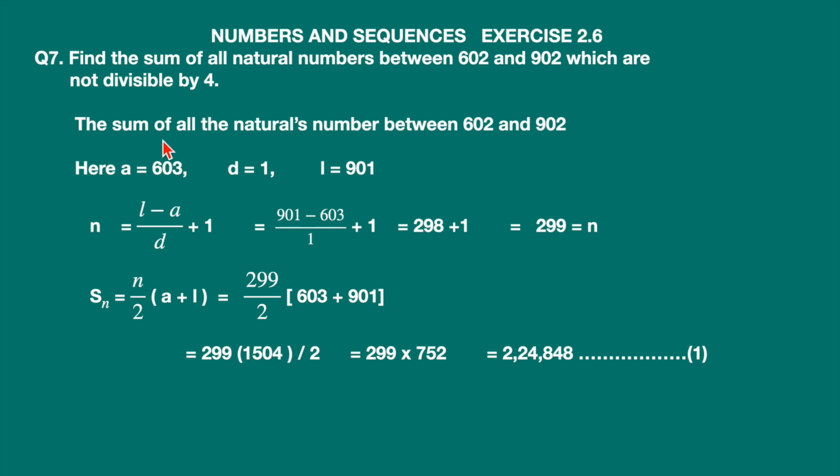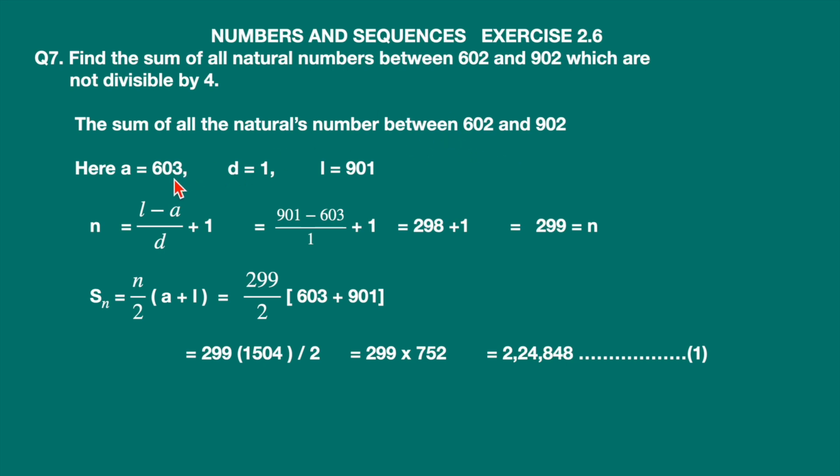First, we will find the sum of all natural numbers between 602 and 902. They are saying between these two numbers, so we should not consider these two numbers. What is the first number here? The first term will be 603, after 602.